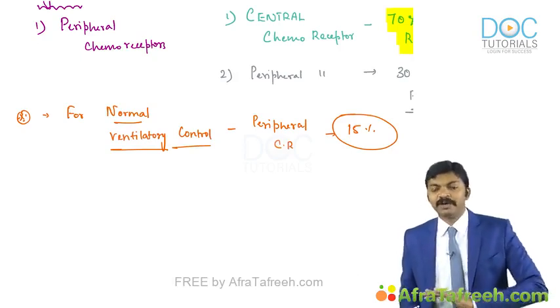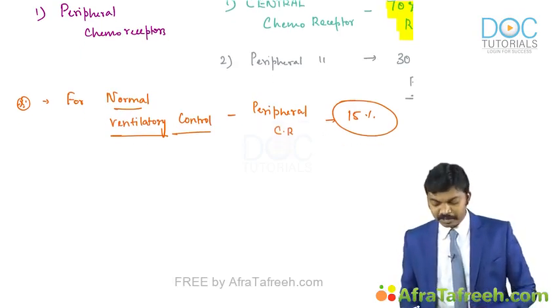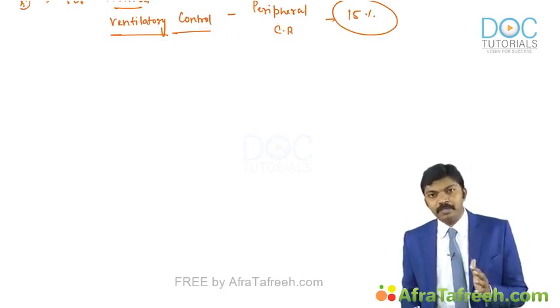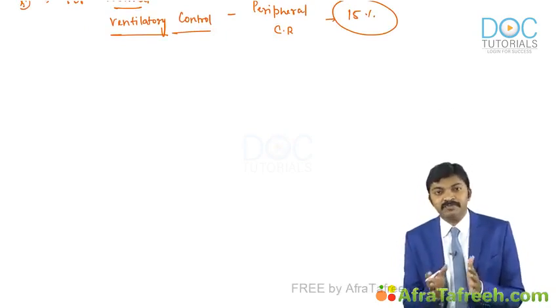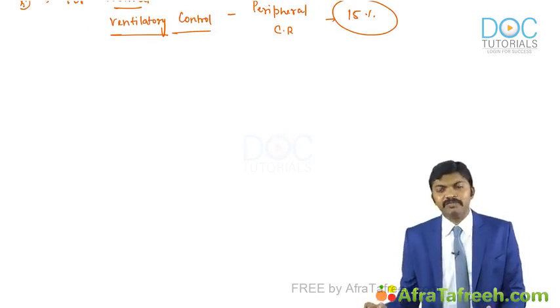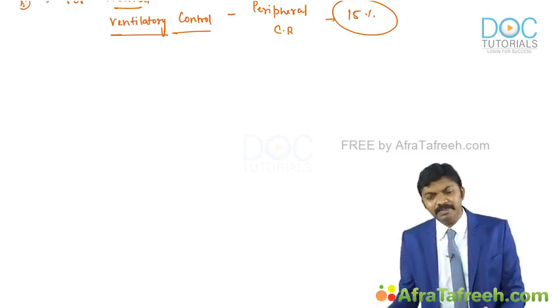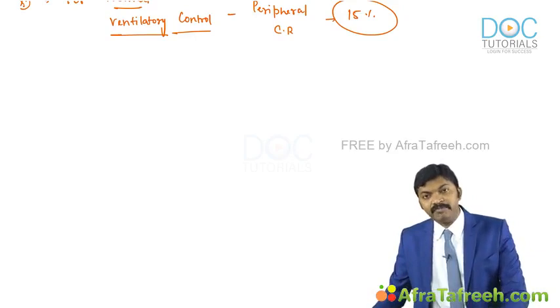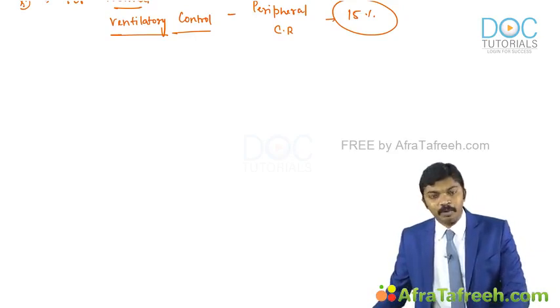So these values you have to be familiar with. Let us summarize all these points. Point number 1, peripheral chemoreceptors have two kinds of location: number 1 in the carotid body, number 2 in the aortic arch. As the contribution of the aortic arch is extremely negligible, you can practically ignore it and stay focused on the peripheral chemoreceptors located on the carotid bodies.